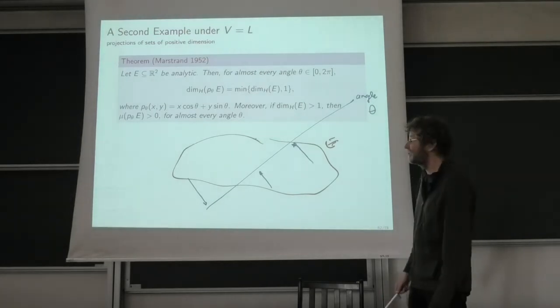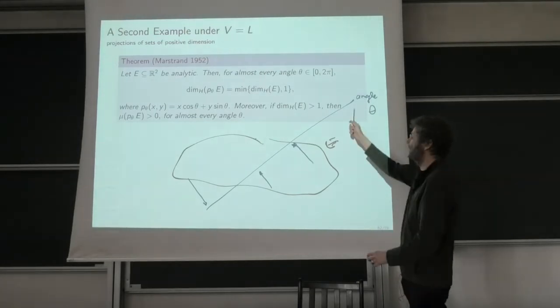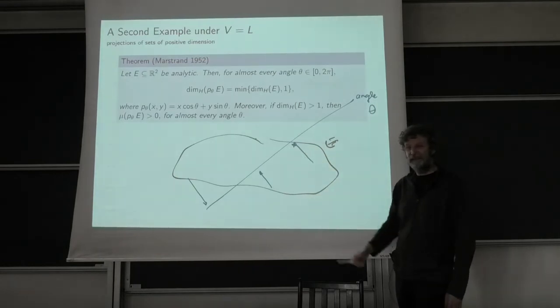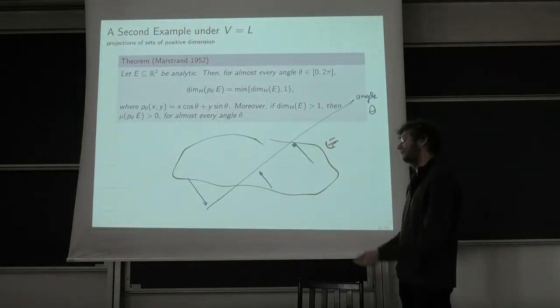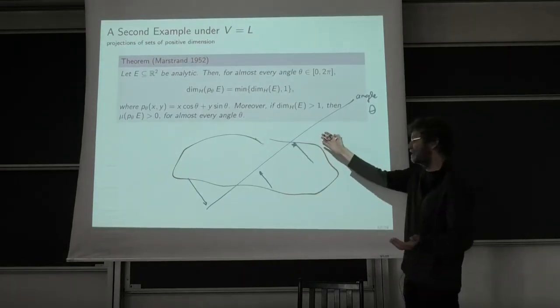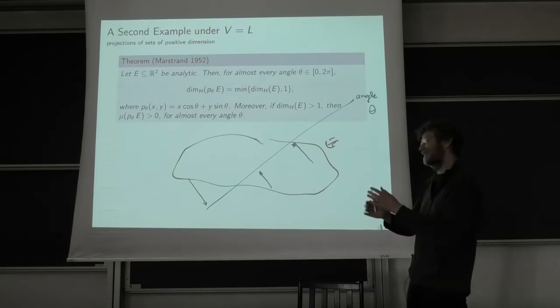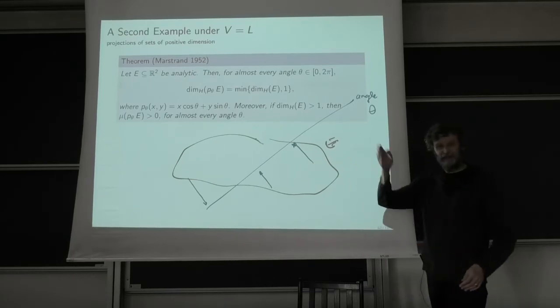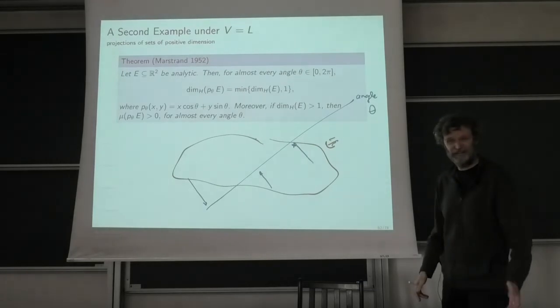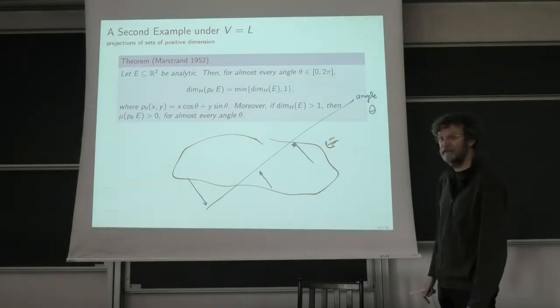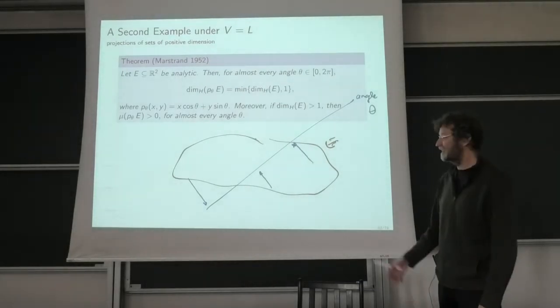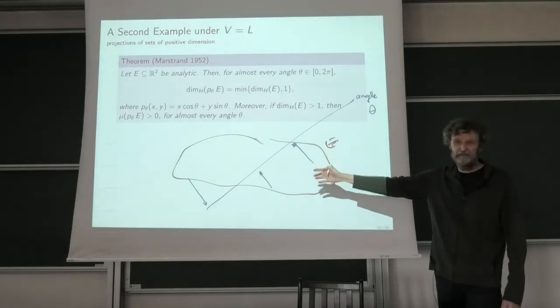For almost all angles, you could have countably many lines such that the projection is small, but for almost every angle, take a random angle, the set is going to project to something of positive measure.